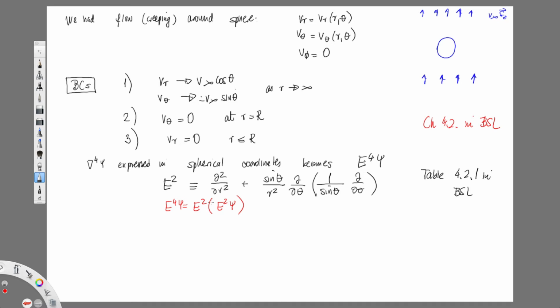So in the spherical coordinate system, my Vr is going to be minus 1 over r squared sine theta, partial psi, partial theta, and V theta is 1 over r sine theta, partial psi, partial r. So this is also something that can be found in this table 4.2-1.